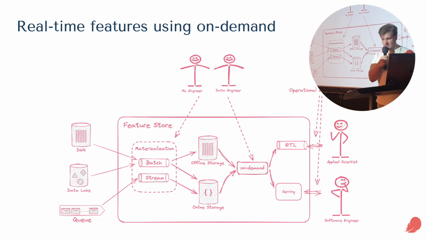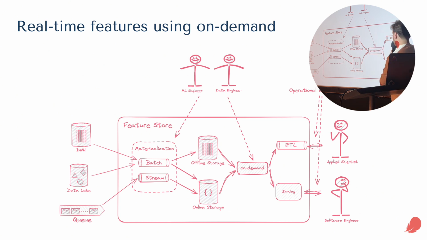So this is a pattern, let's call it on demand. In some cases it might be called real time, but I see that the term on demand is the most used. So what you do is you have a function, maybe some Python function, depending on your feature store, that lies between the storage and the stuff that extracts these features.